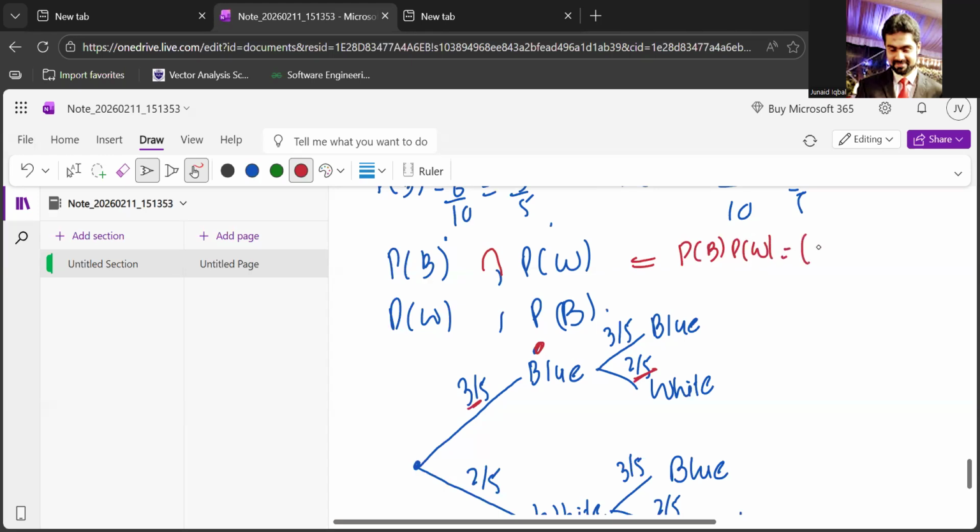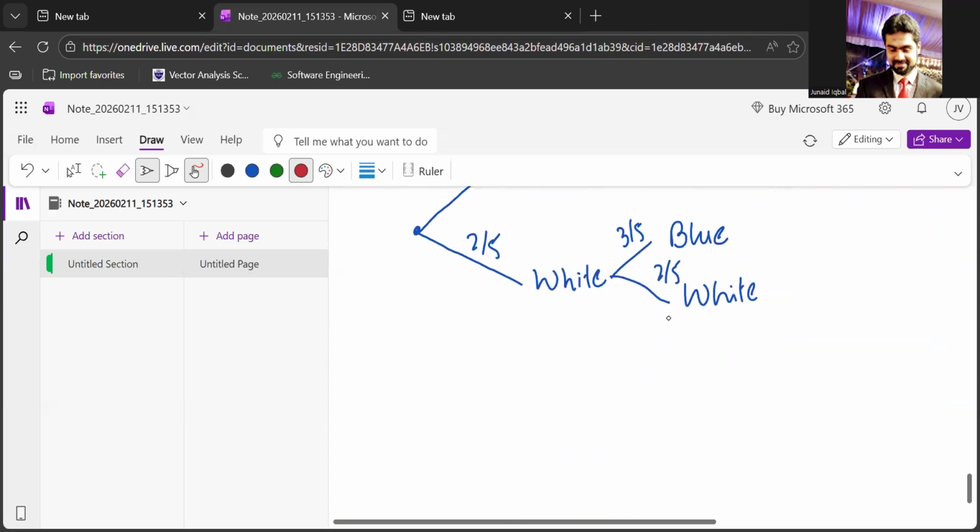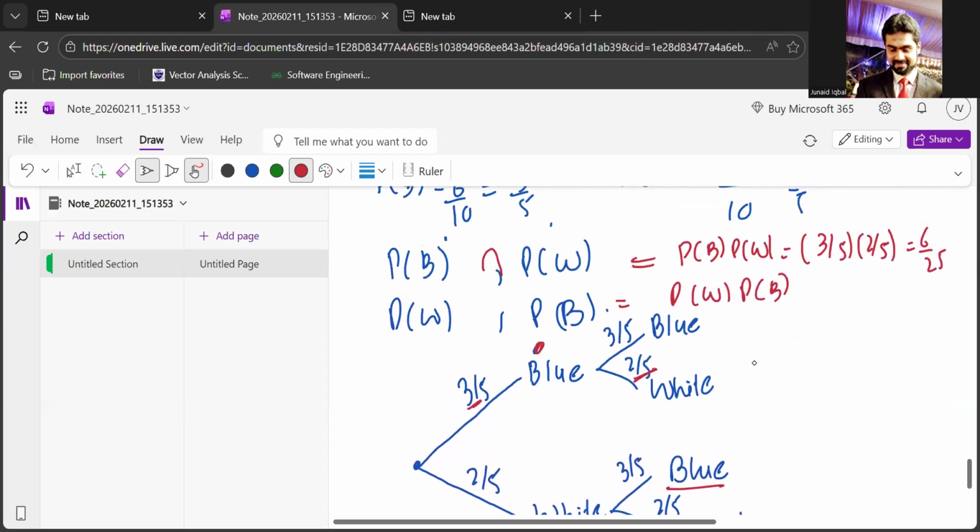So 3 over 5, 2 over 5, it's going to be 6 over 25. Similarly, white and black, because these are the different events, you pick first white and then black. So they are going to be 2 over 5 and 3 over 5.